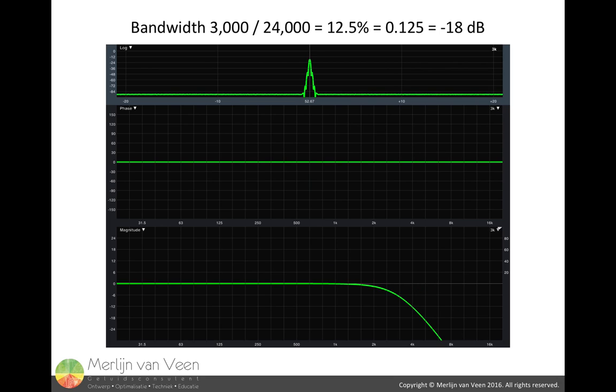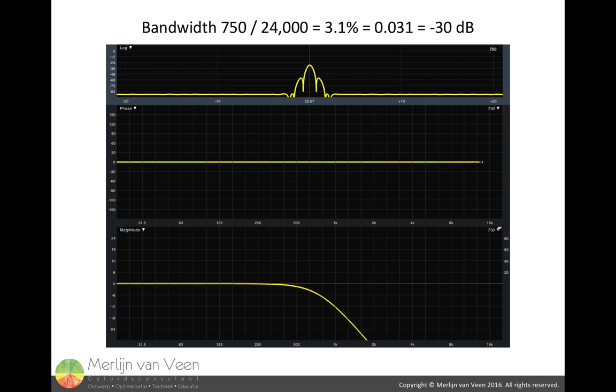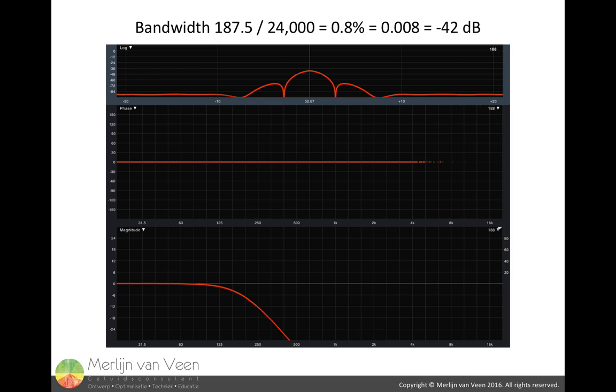Lowering the corner frequency again by 1 octave reduces the bandwidth by another 50%, dropping the impulse response by an additional 6 dB. Another 6 dB at 1K5, another 6 dB at 750 Hz, another 6 dB at 375 Hz, another 6 dB at 188 Hz, and finally another 6 dB at 94 Hz.